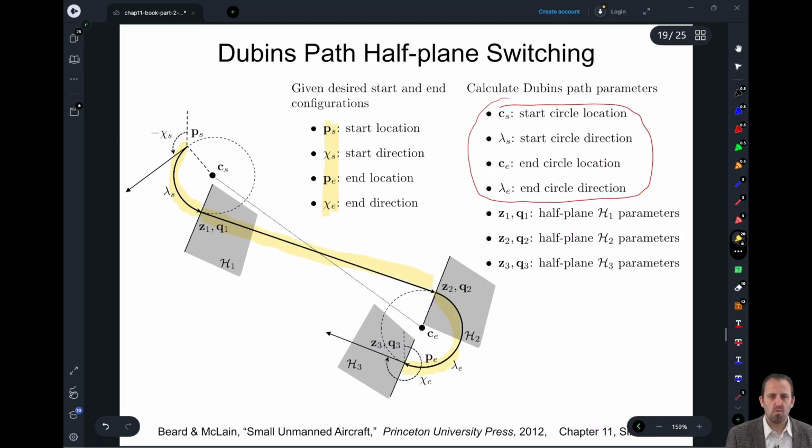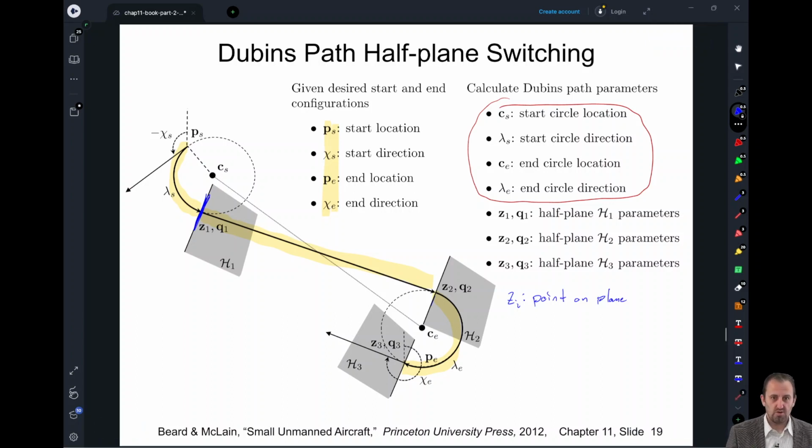And we want to have robust switching conditions like we did with the straight line paths and the arc fillets. So what we're going to do is define a half plane. We're going to let Zi be a point on the switching plane. There's an infinite number of these points that we could choose. 2 of them are very obvious.